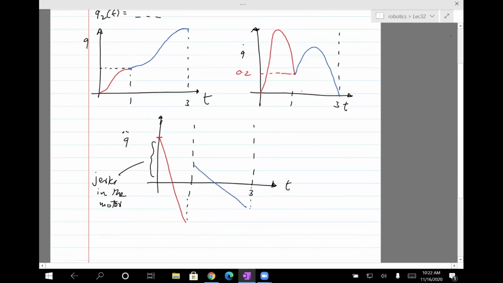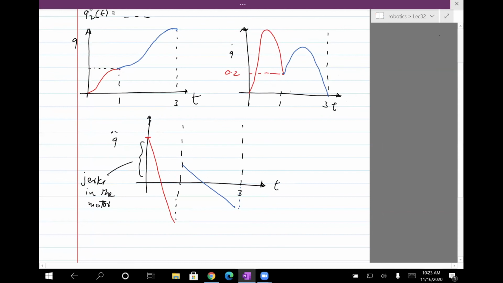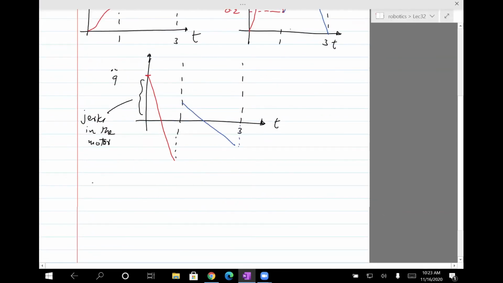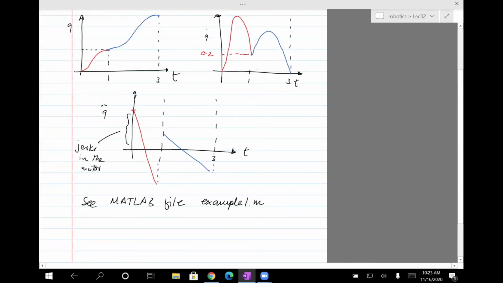What I will do is give you a MATLAB file, and I'll post it on Blackboard. It starts off with the A matrix and the B matrix, which I derived earlier.